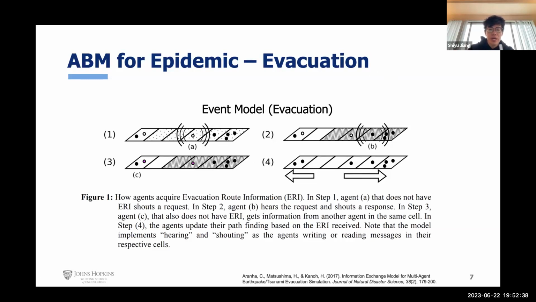But at the same time, the agents cannot just know where to evacuate, so they need to inform each other among the population. In this figure, we can see when agent A did not know where to go to evacuate, he will shout out and spread his information.